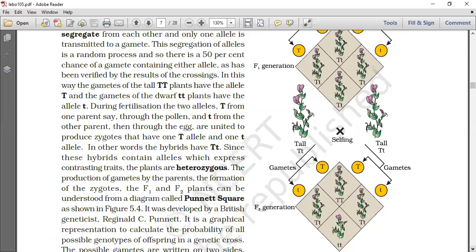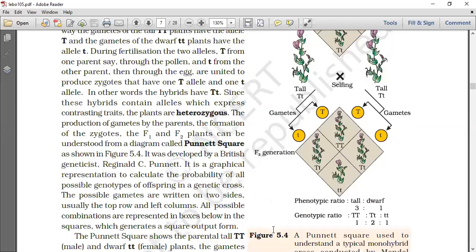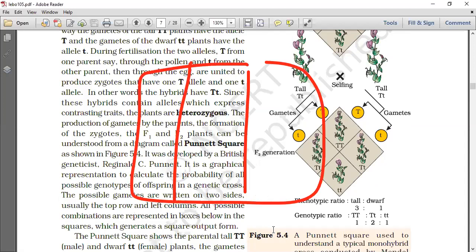It is a graphical representation to calculate the probability of all possible genotypes of offspring in a genetic cross. The possible gametes are written on two sides, usually a top row and left column, and all possible combinations are represented in boxes below, in the squares, which generate the square output form. I'll show you once here. This is the form: capital T, small t, capital T, small t.